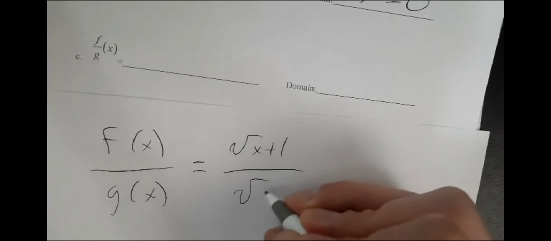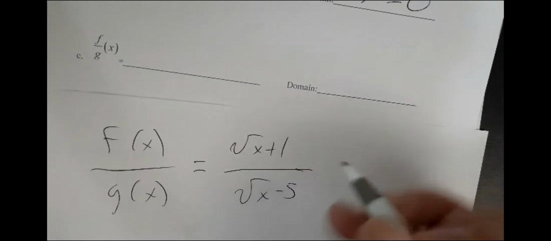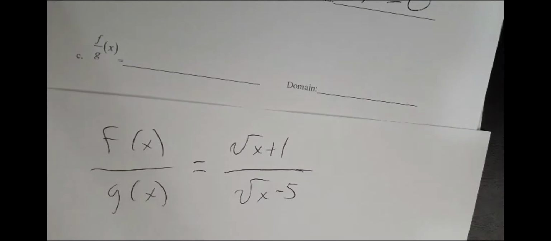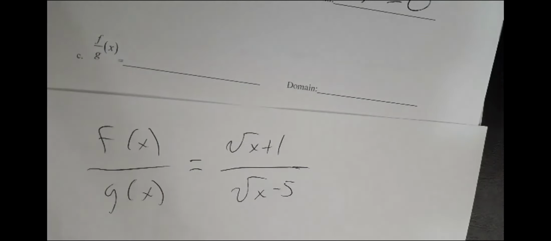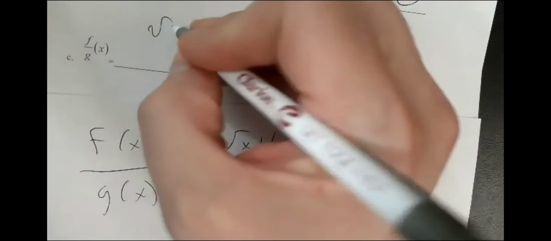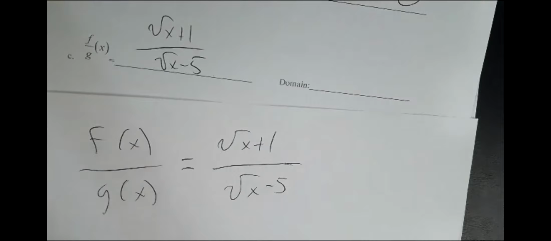My g of x looks like root x minus 5. I'm not sure what the book is going to do. If you did this and told me root x plus 1 over root x minus 5, I would be happy personally.